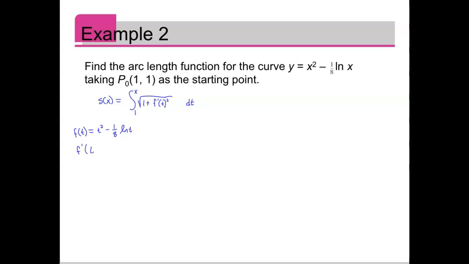Then the first thing I want to do is find f prime, right? Which would just be 2t minus 1/8 times 1 over t. Okay, and then I want to square that.